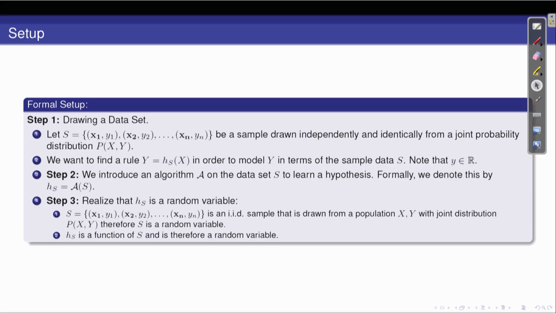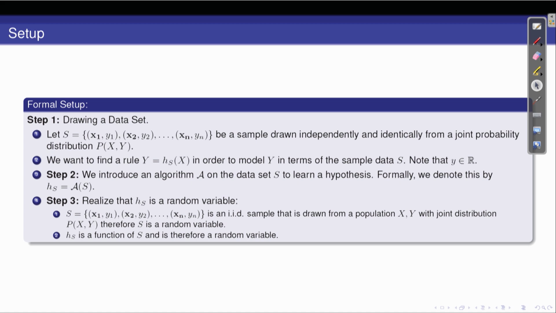For the sake of discussion, we assumed y is just a single random variable, that is y takes real values, and x is a vector valued random variable, a random vector, that is x has multiple features. We want to find a rule for y based on x, that is y equal to h_S(x), which will model y in terms of x based on this drawn sample S.